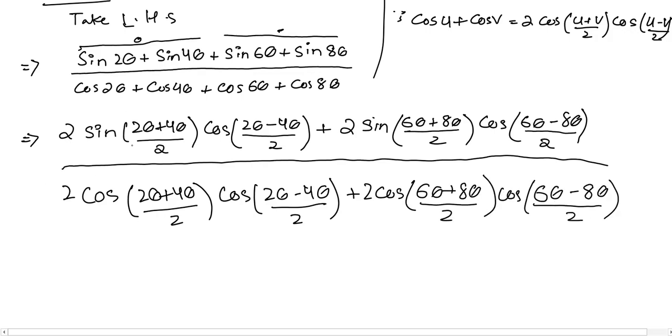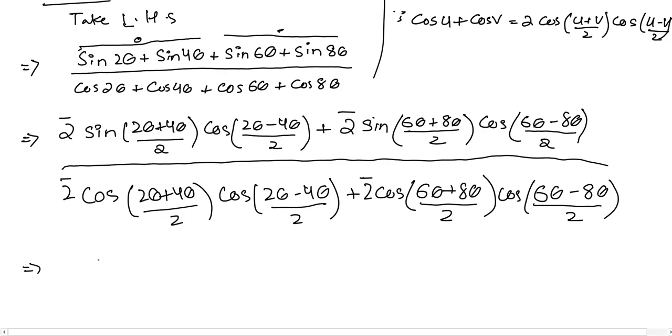Now as you can see, we can factor out 2 in the numerator and factor out 2 from the denominator. These 2s will cancel out, so we are left with sine cosine plus sine cosine, and in the denominator cosine times cosine, cosine times cosine. For simplicity, let me solve this here. 2 theta plus 4 theta is 6 theta, and 6 divided by 2 is just 3.